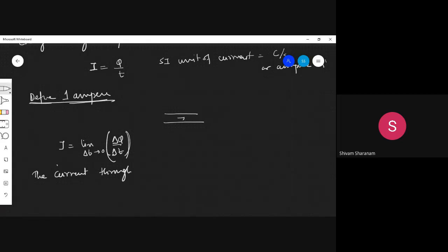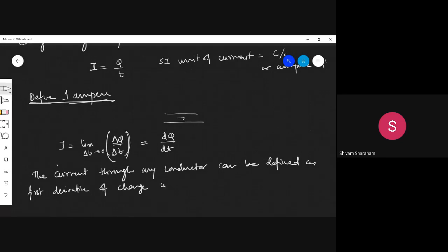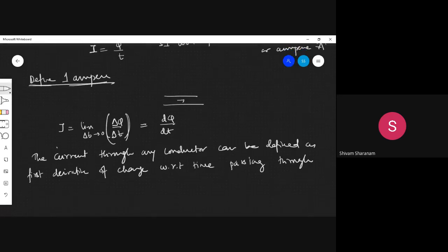So the current through any conductor can be defined as dq by dt, the first derivative of charge with respect to time, charge passing through the cross-section area of the conductor in a particular direction.